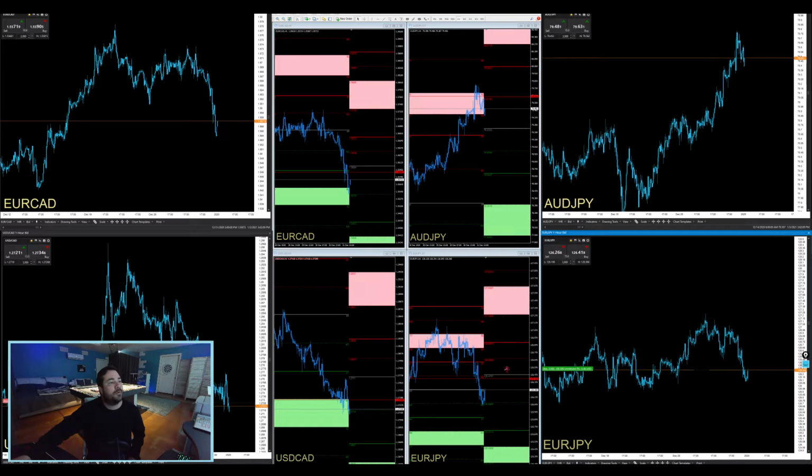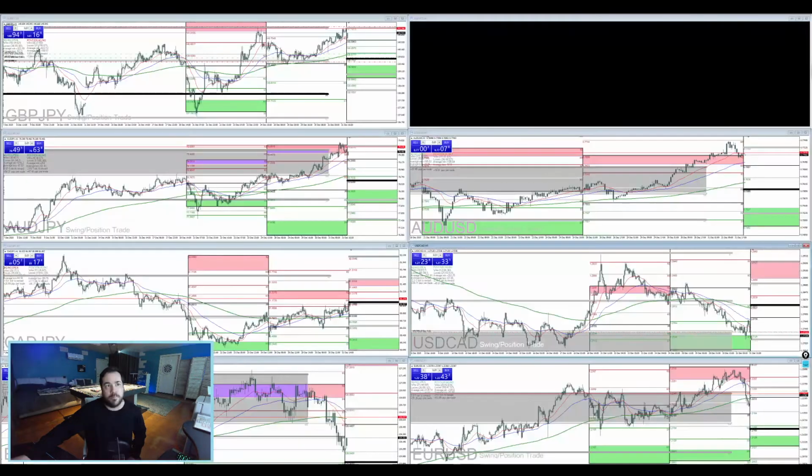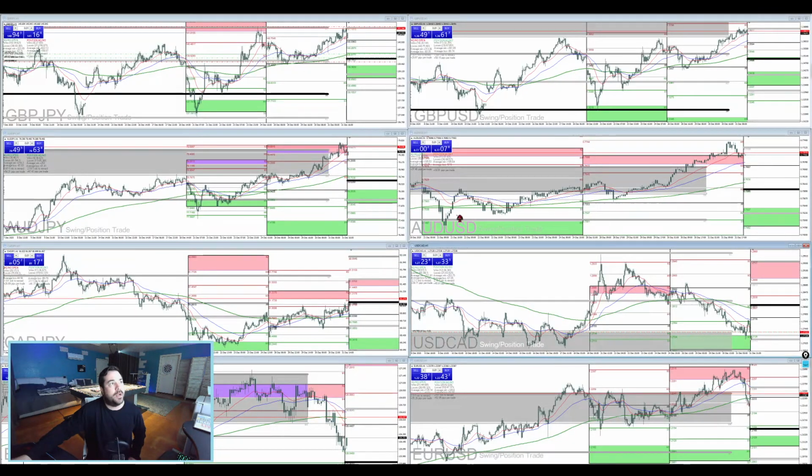Okay, so where are we at right now? I'm in on USD CAD, Euro Yen. Okay, and I'm holding tight right now for the Australian and Euro CAD. I'm going to switch back over. The Aussie dollar is the only other one.